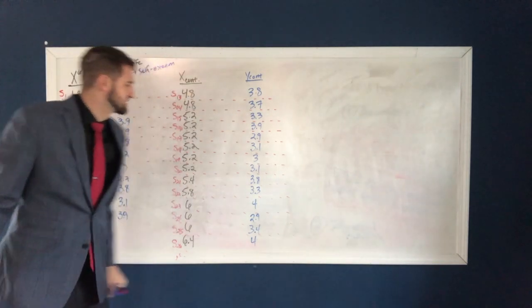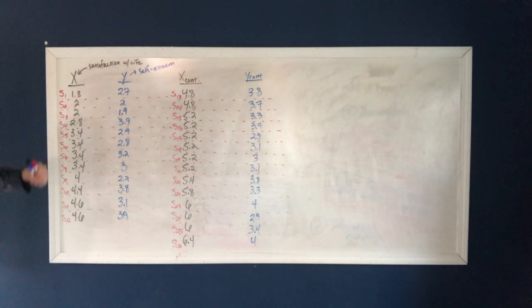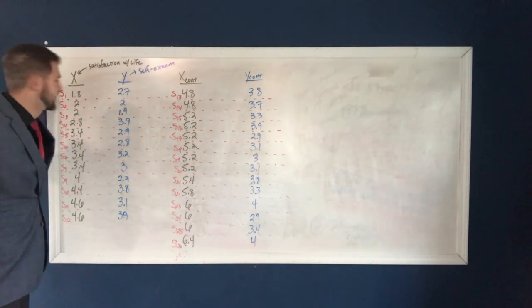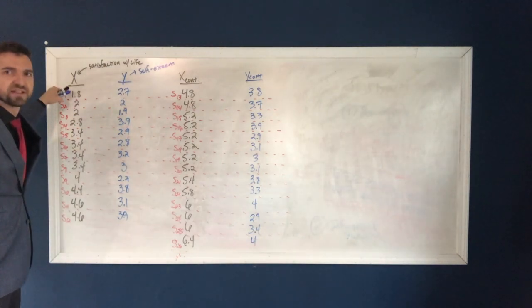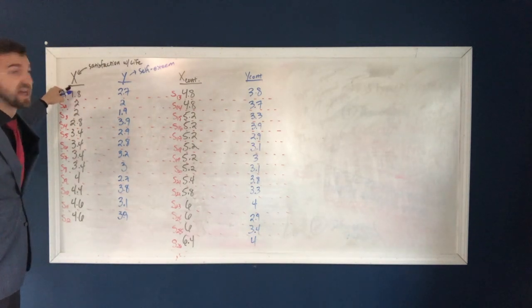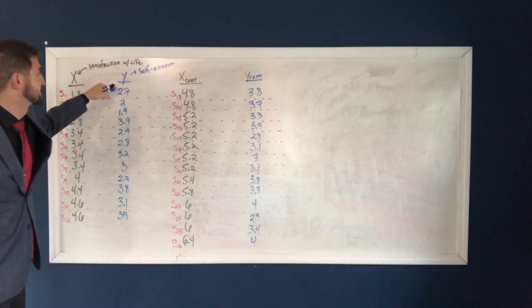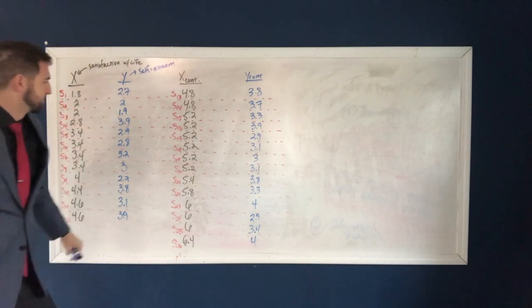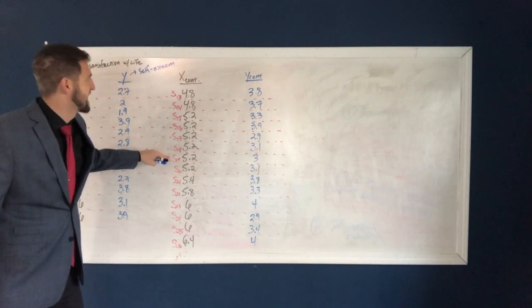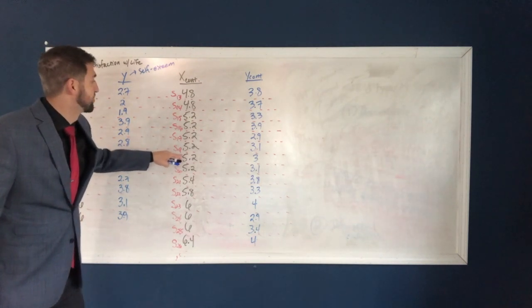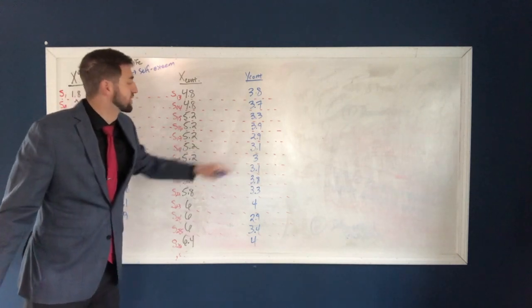One thing I want you to notice here is for subject 1, they have a satisfaction with life score of 1.8 and a self-esteem score of 2.7. Okay? Participant 19 has a satisfaction with life score of 5.2 and a self-esteem score of 3.